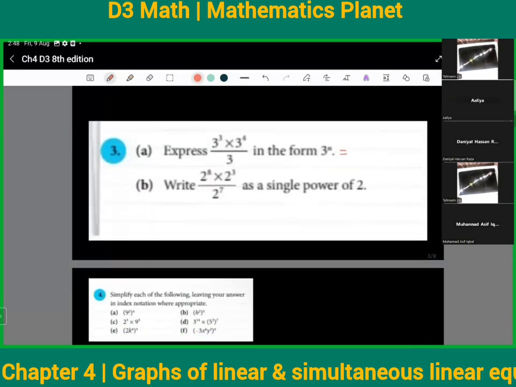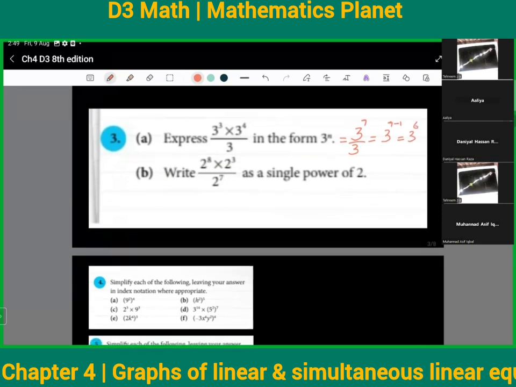For this one, it will be 3 and 7 for the power of 7 upon 3, which will equal to 3 upon 7 minus 1, 3 upon 6. I mean 6. Very good. 3 to the power 6.